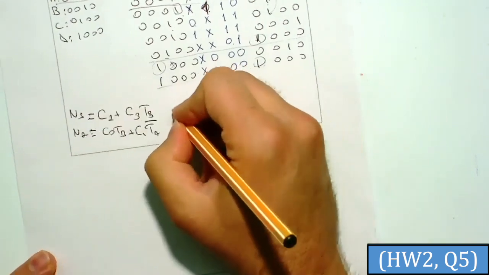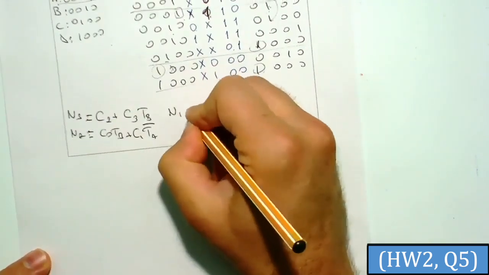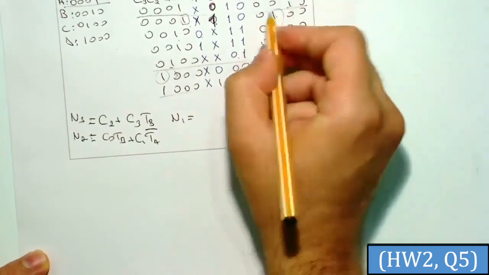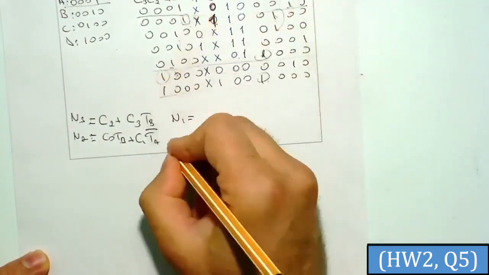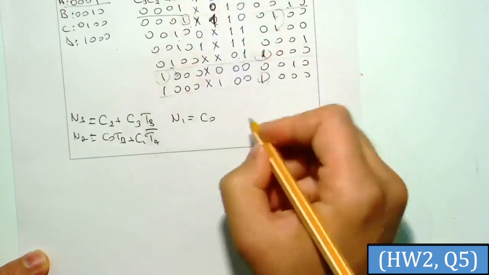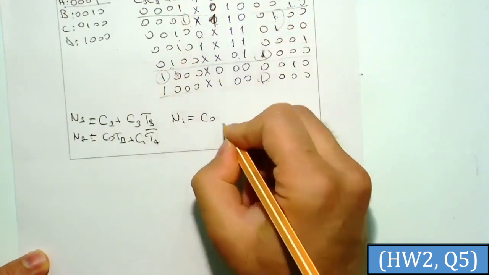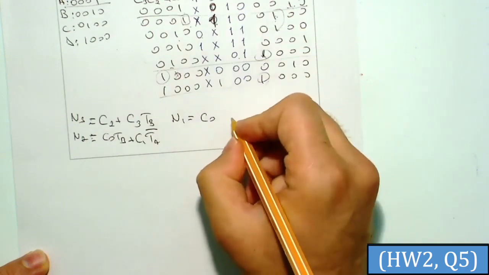So for N1, I have here N1 as 1. This means that C0 is 1, and I have TB as 0.